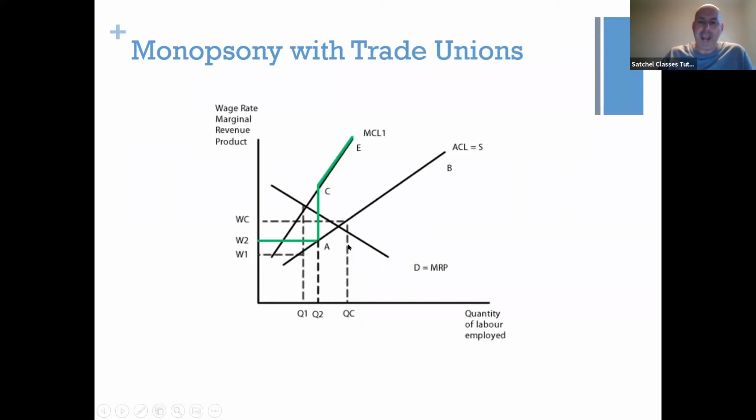And they go across, and that hits the average cost for labour or supply curve at point A, which will go up and make a new marginal cost for labour curve that hits the marginal revenue product curve, or the demand curve, at a different point. So they'll actually employ more people than they did before, because trade unions had been involved, because they will employ where the marginal cost for labour cuts the marginal revenue product curve.